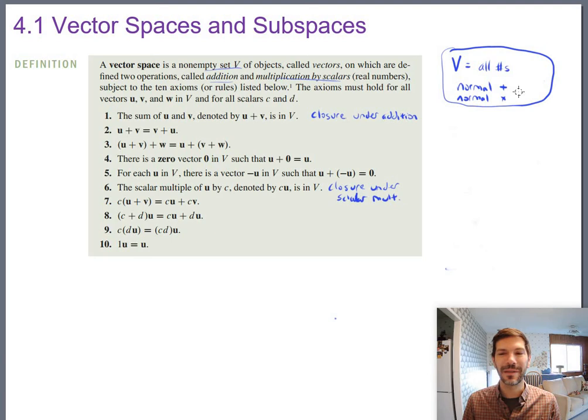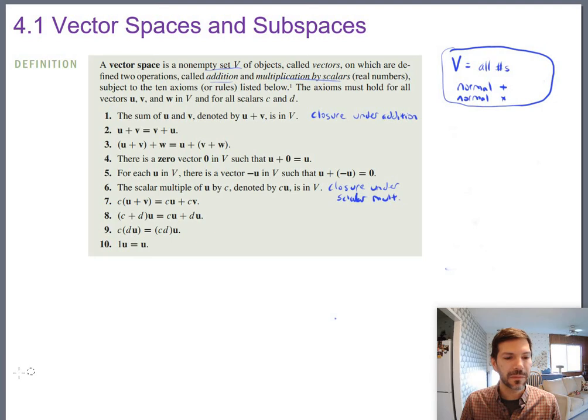The only ones that I failed were because of this less than or equal to 10 restriction. Now I can add any two real numbers together and I'll get another real number. I can multiply any real number by a scalar and get another real number. Every real number is going to have its additive opposite now. So I think that would be pretty good to go. It's kind of a trivial example, but it works for us.